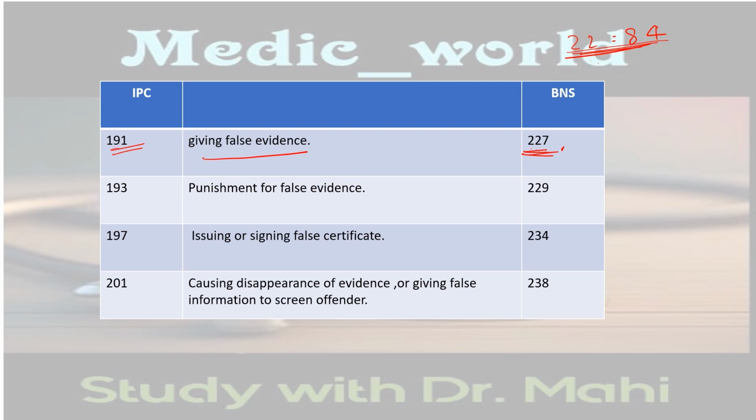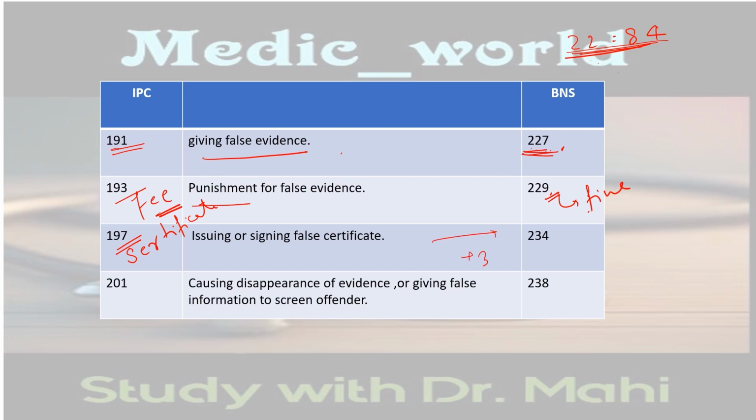Now 193 was punishment for perjury. Now 229 is giving fine for perjury. We learn it like this now. Okay. 227 is giving false evidence. 229 is giving fine for punishment for false evidence. 197 was issuing false certificate. How do we learn it in BNS?